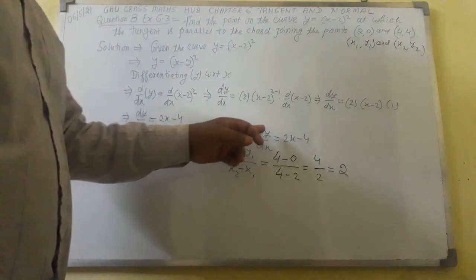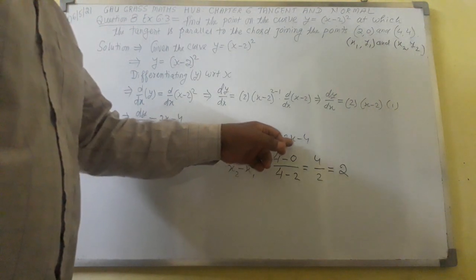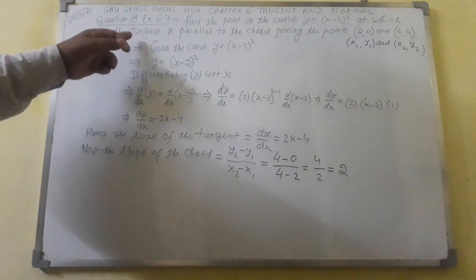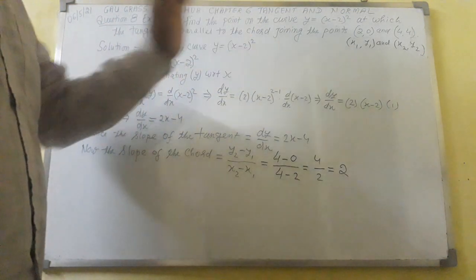Slope of the tangent dy over dx equal to 2x minus 4 you have got. Here the tangent is parallel to the chord.